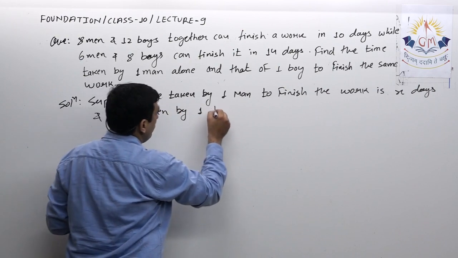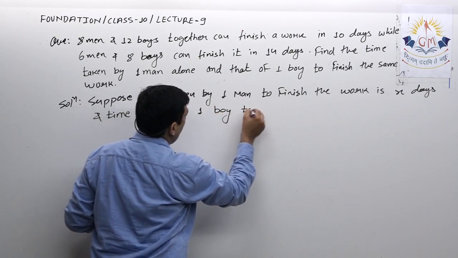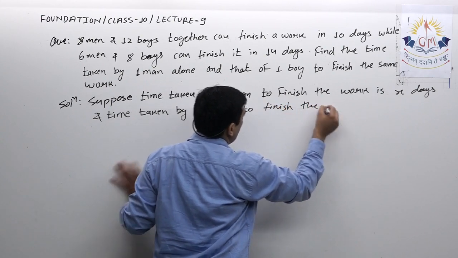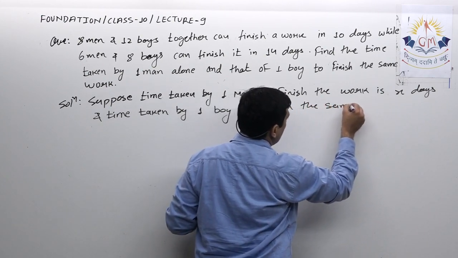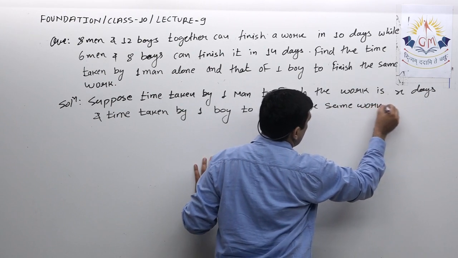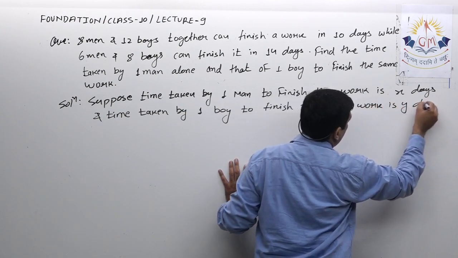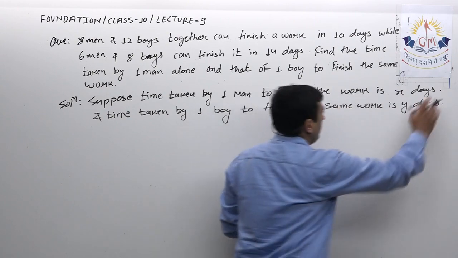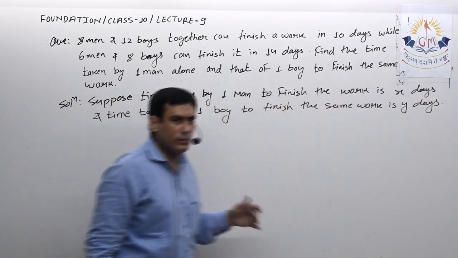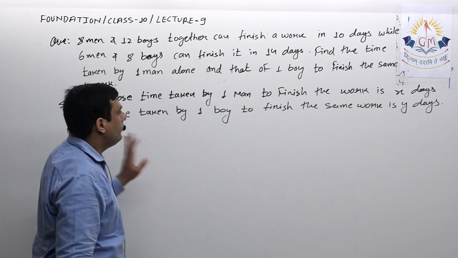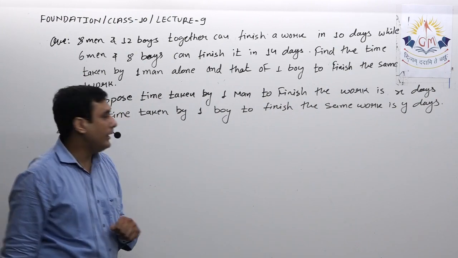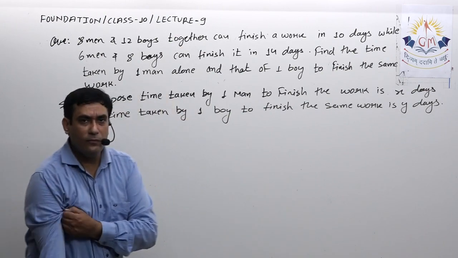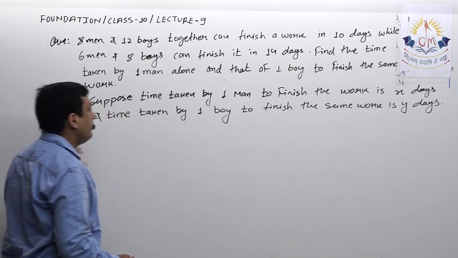and time taken by one boy to finish the same work is y days. Okay, we assume the number of days or the time taken by one man is x days and the time taken by one boy is y days.